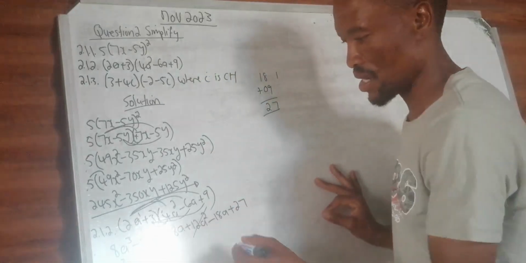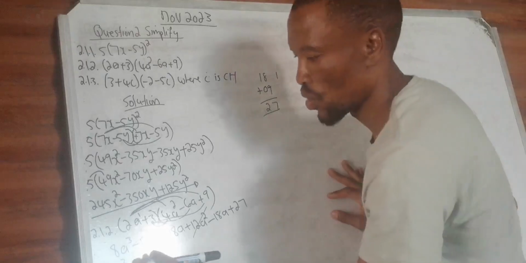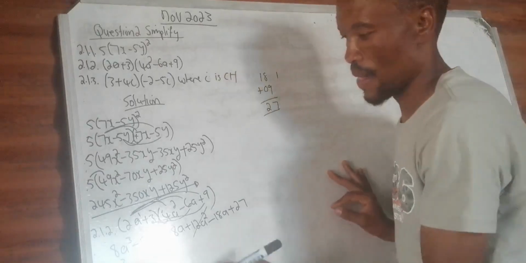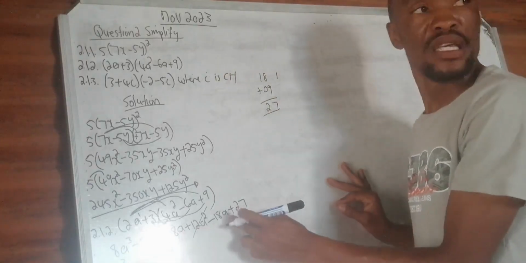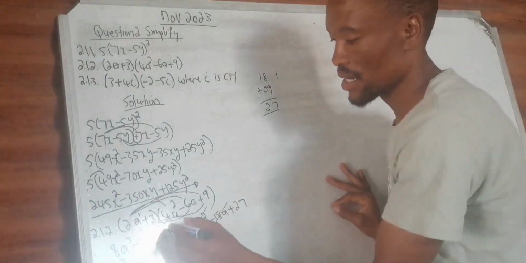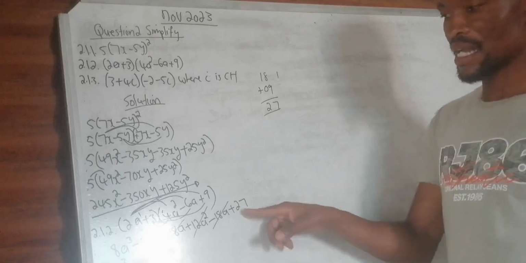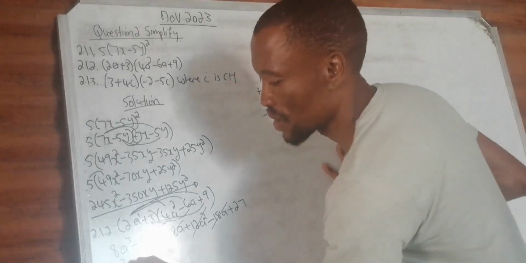Positive 18a and minus 18a, they cancel. What remains is positive 27.